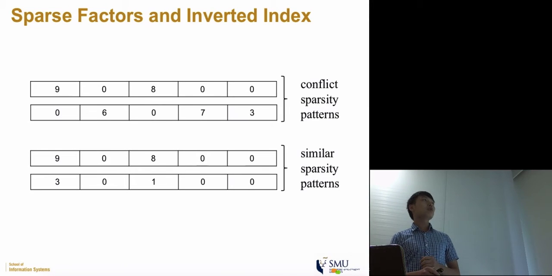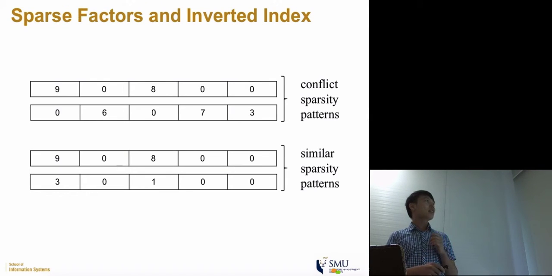I have two definitions here. The first definition is conflicting sparsity patterns. Let's imagine you have two sparse vectors, the first vector and the second vector. You can see that the non-zero indices of the two vectors are different, right? So we say these two vectors have conflicting sparsity patterns.